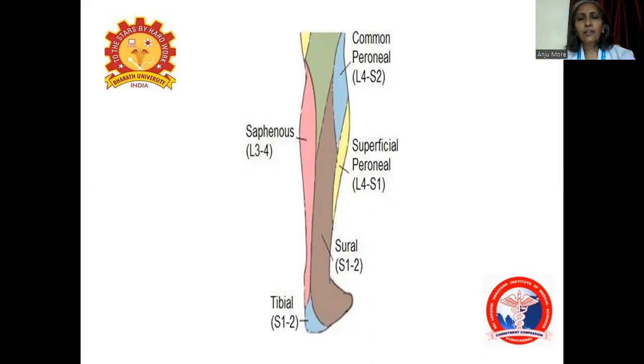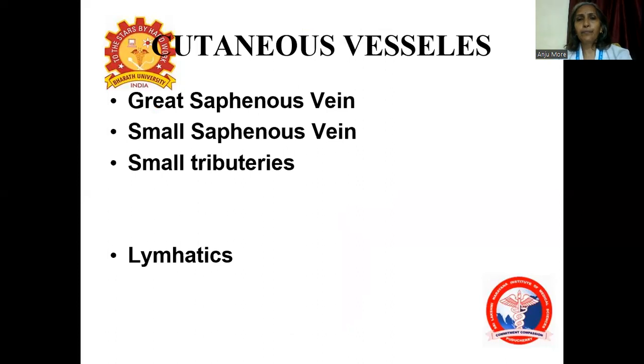So these are the nerves which supply the skin over the posterior region of the leg, and these are the spinal segments which give rise to these cutaneous nerves. So these spinal segments are responsible for cutaneous sensation over the posterior compartment of leg.